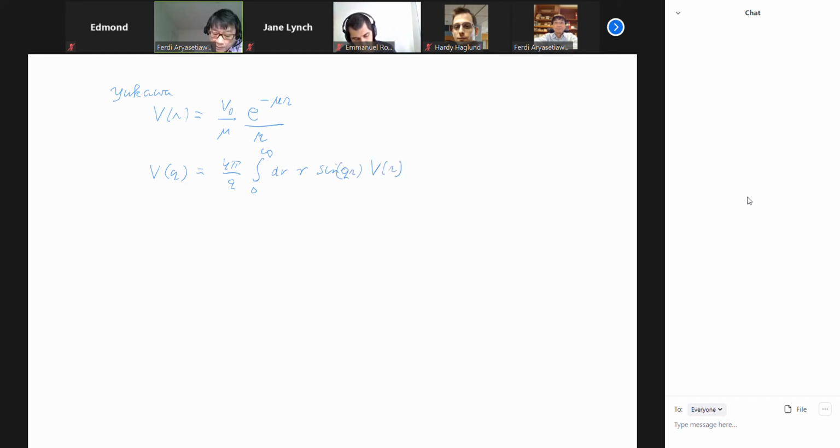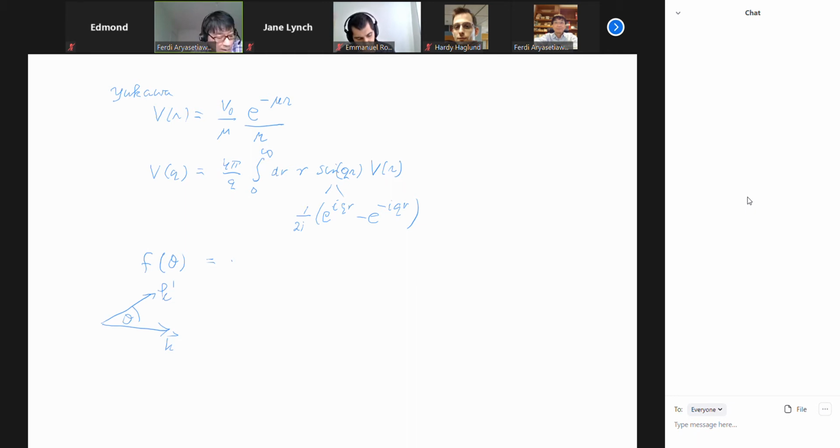V(r). So this can be written as 1 upon 2i, QR. So then with the Yukawa potential, this integral can be done analytically. It's just an exponential. So then you get something like this for the scattering amplitude. It's a function of theta here. So the theta is just the angle between k and k prime here.